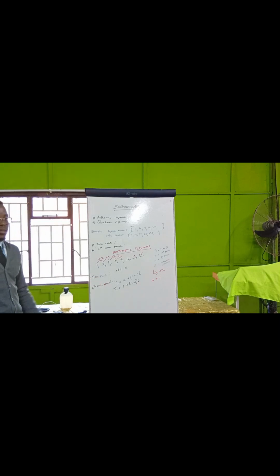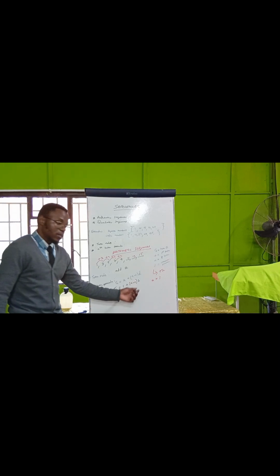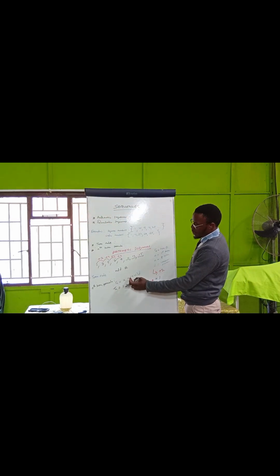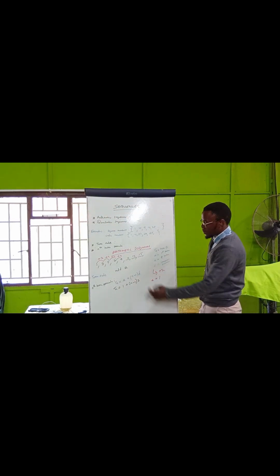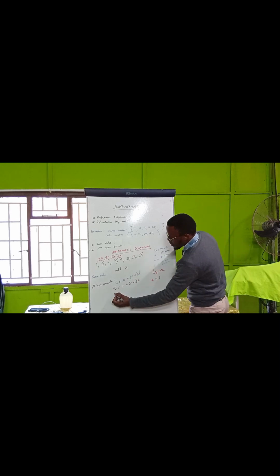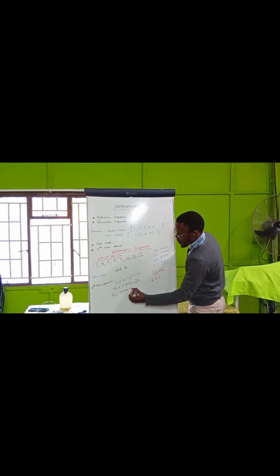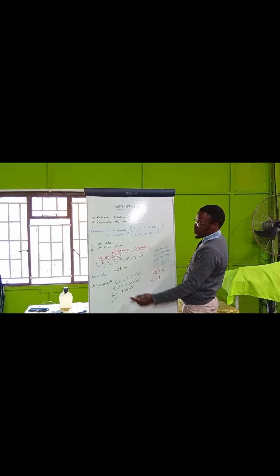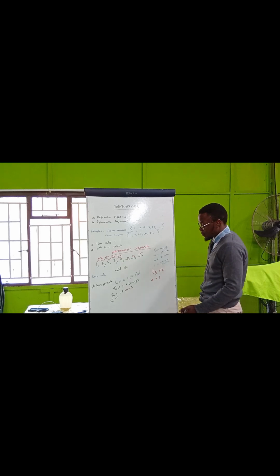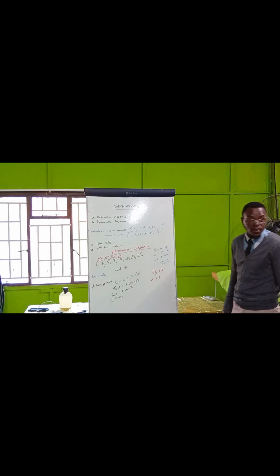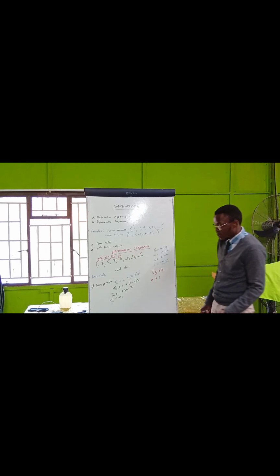So what this means is that you need to multiply. This is a single bracket. So this means Tn is equal to 1 plus 2n minus 2. And then collect like terms. So 1 minus 2 is negative 1.